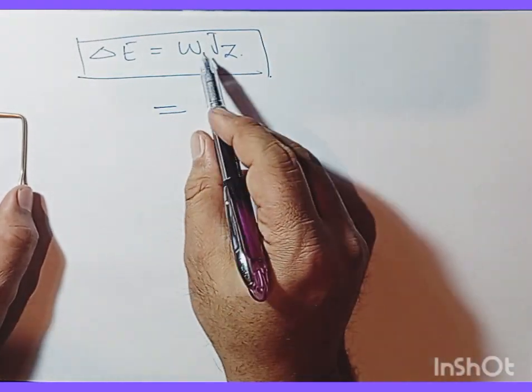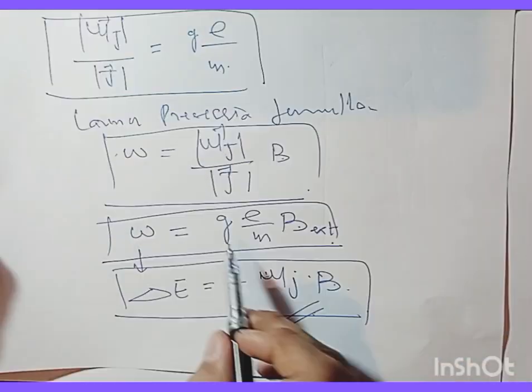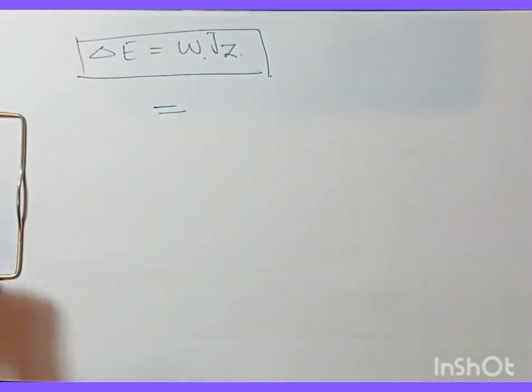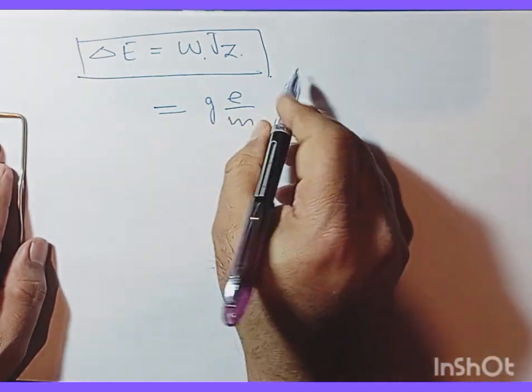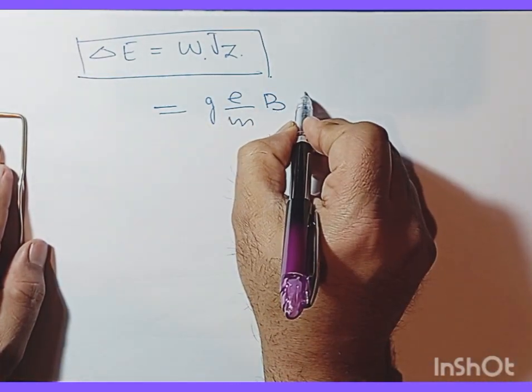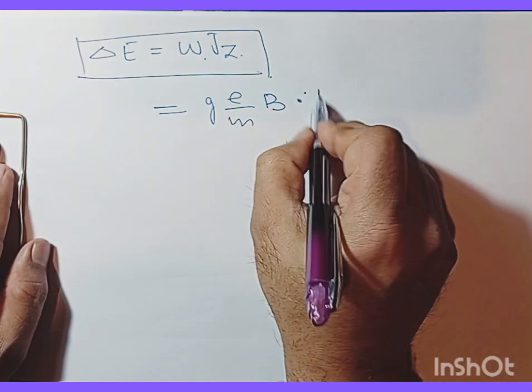For omega, I have g e by m B, so this is g e by m times B dot J_z.